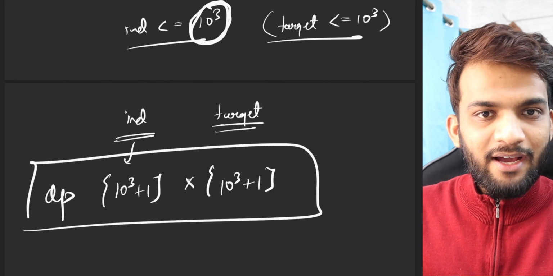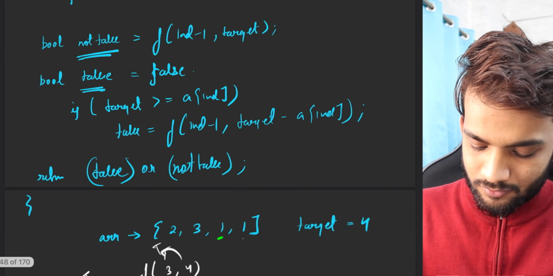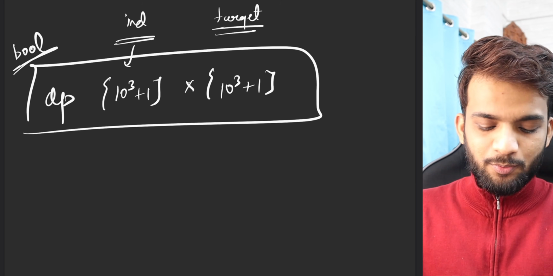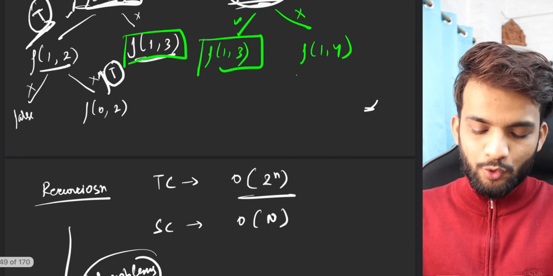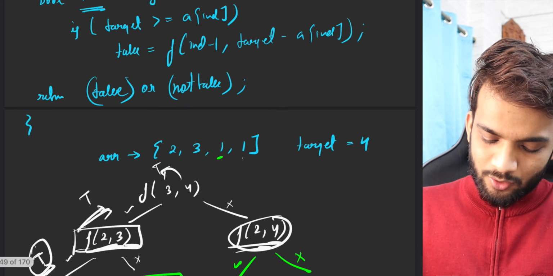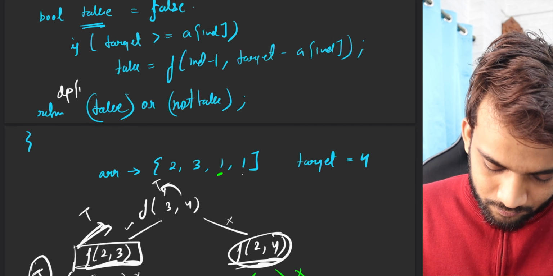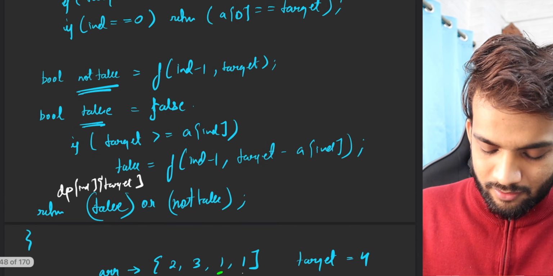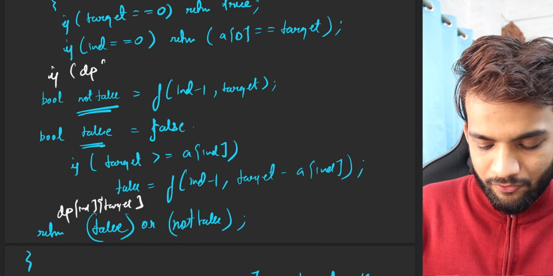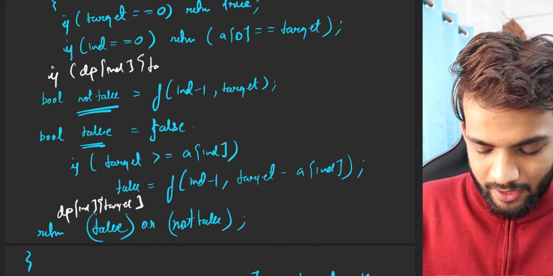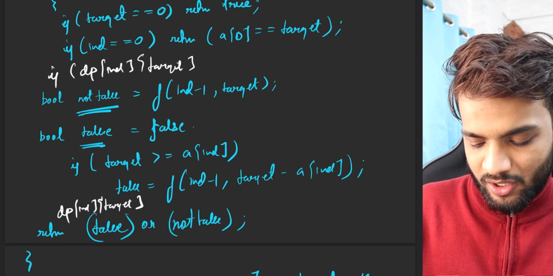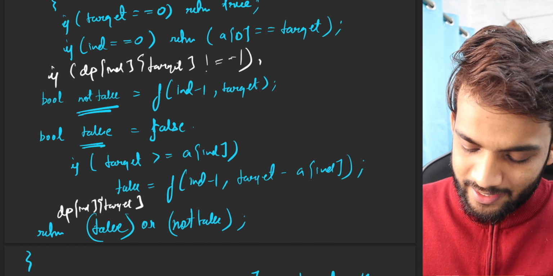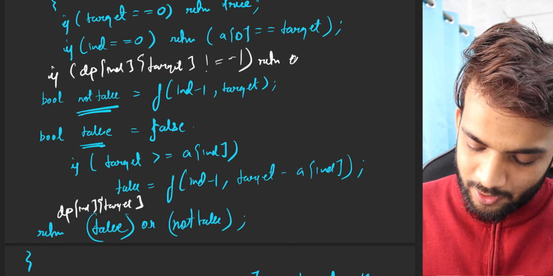And you know how to memoize. I have already taught you that. By the way, this can be a Boolean DP array because the function is Boolean, so you just need to return true or false. So I can say, if DP of index target is not equal to -1, return DP of index target.